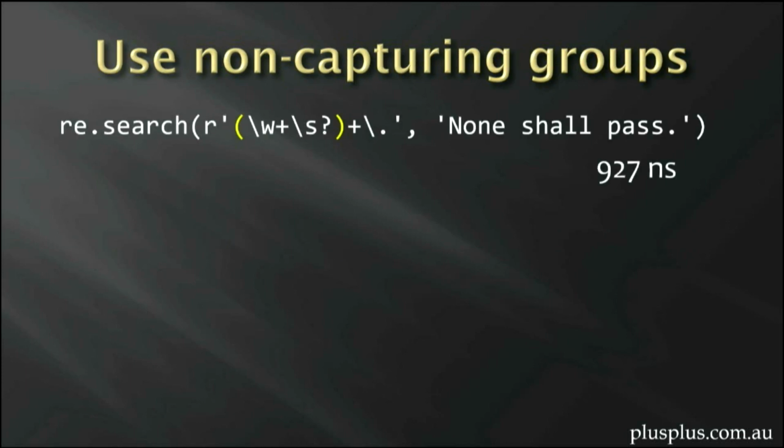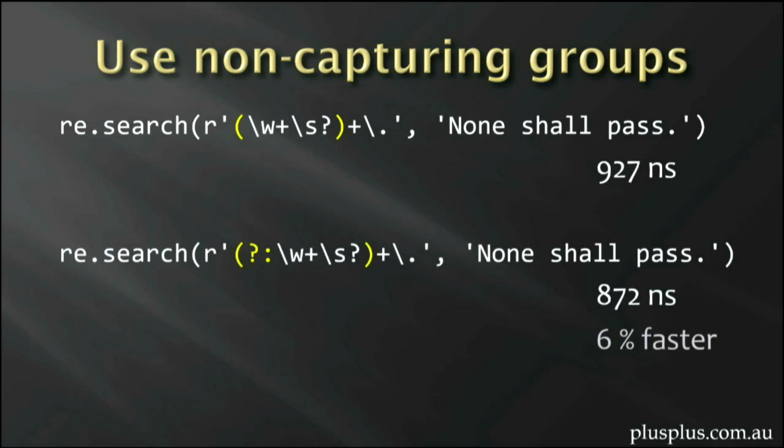One thing that I could do is use non-capturing groups. So parentheses have three different uses. They're used for grouping, which is actually what I'm using it for there. They're used for alternation, this or that. And they're also used for capturing. Now, I'm not doing any capturing here. I don't want to capture. I'm not using \1 or doing a match group.